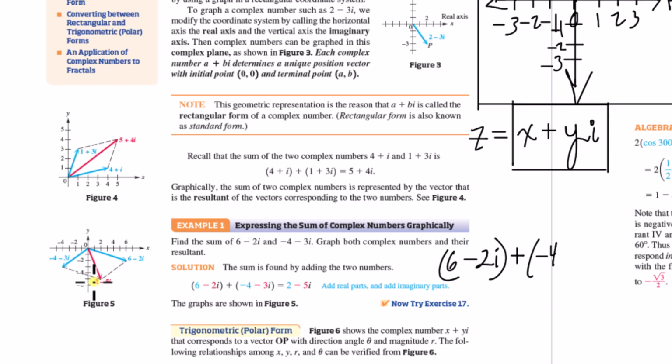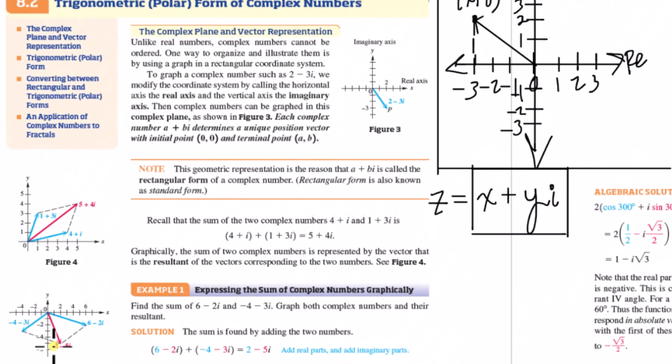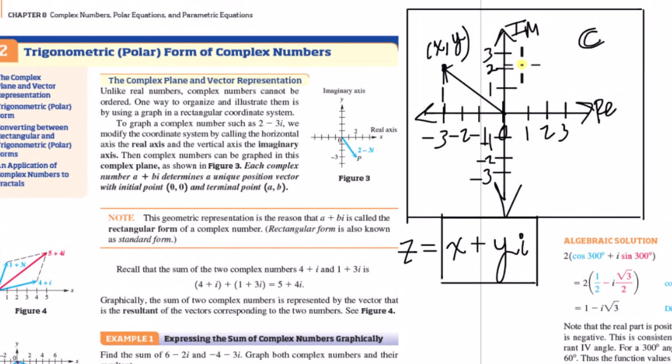Now, the main point of this section is that we want to remove this Cartesian coordinate system and put a polar coordinate system at that same origin, and think about what a complex number would be in regards to polar coordinates. We've got this complex number here.